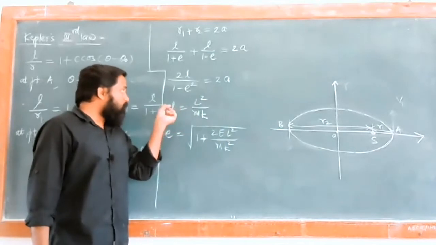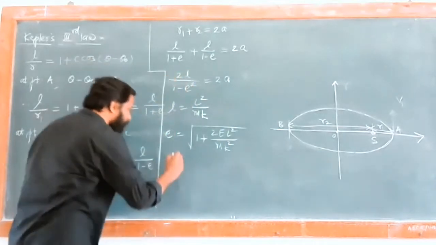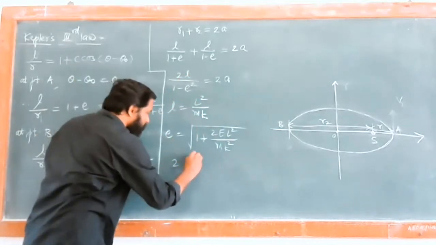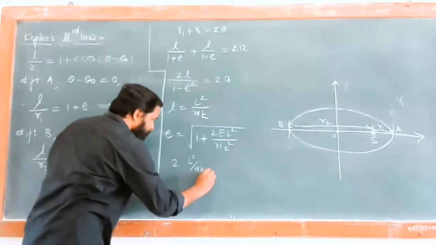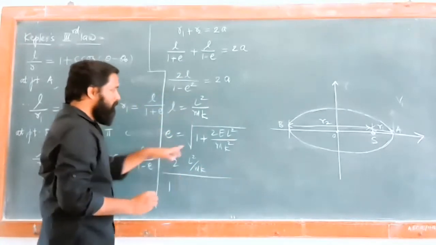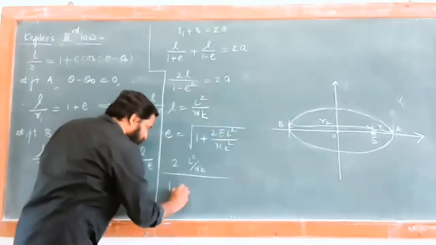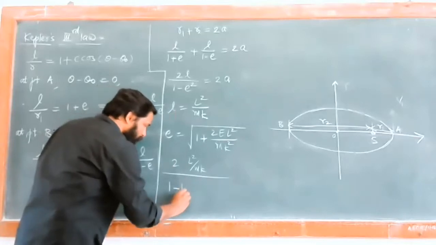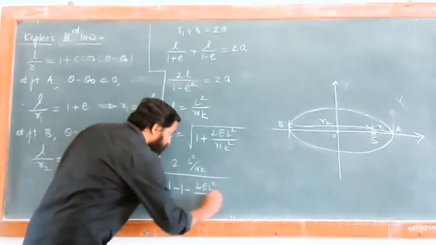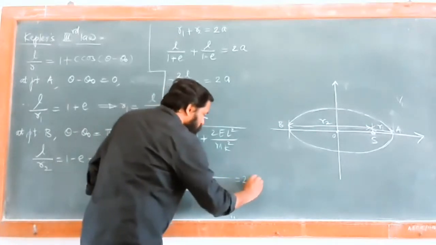So I have to put these values of L and E in these equations, and I can write 2 into L. So L is nothing but L square upon mk, divided by 1 minus E square. So E square, I can remove this square root, and so minus 1 minus this twice EL square divided by this mk square, and that is equal to twice A.